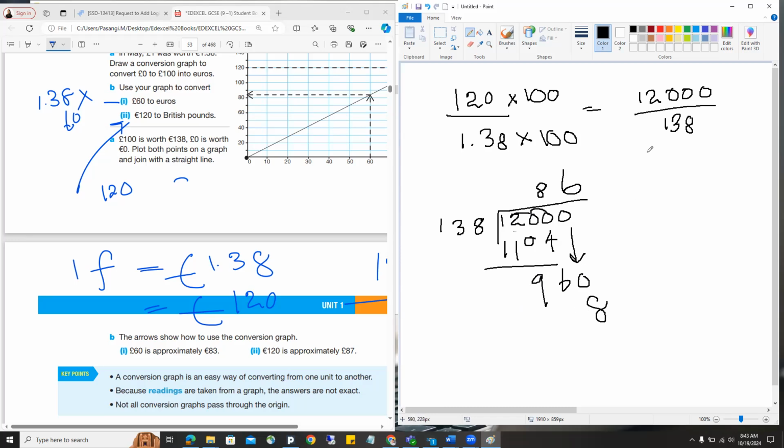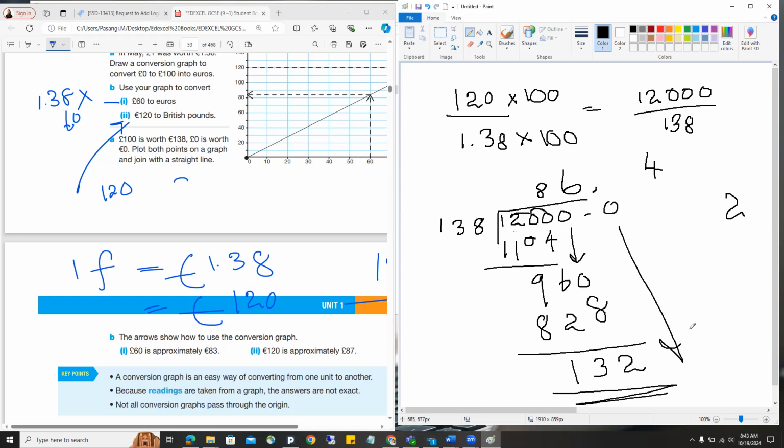Then 8, 4 remaining. Then 6 times 3, 18, 18 and 4 is 22. Then 2, 2 remaining. 6 times 1 is 6, 6 and 2 is 8. Then 5 minus 2, that is 3. Here there is 9, 9 minus 8 is 1. Okay, so if needed we can keep a decimal place here and then take another 0.